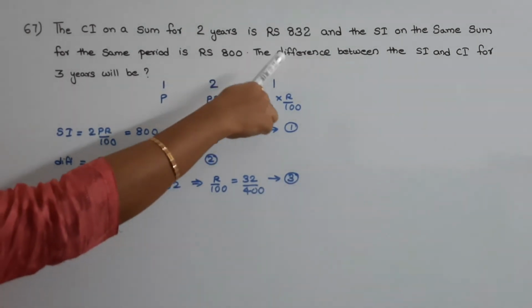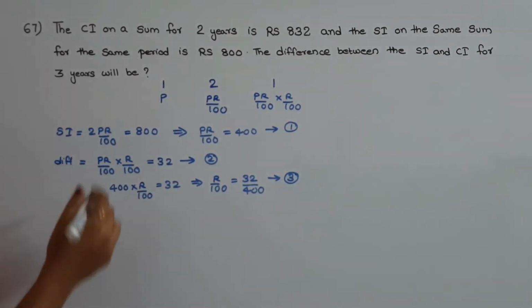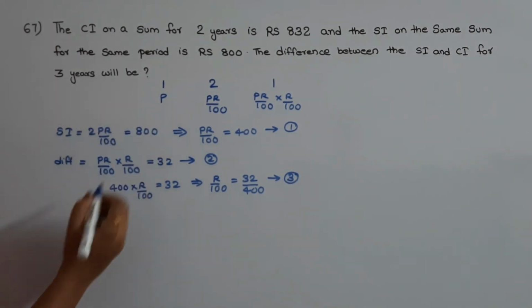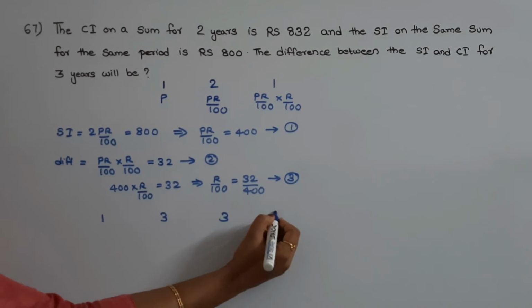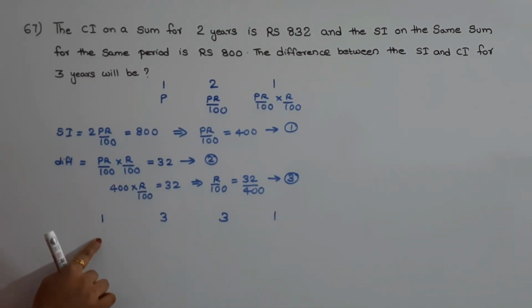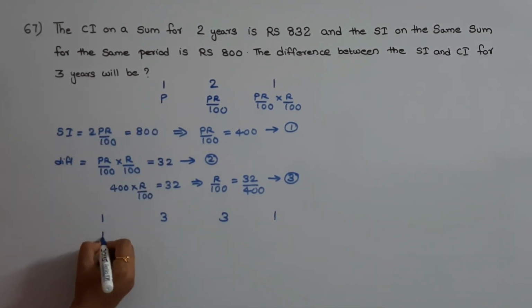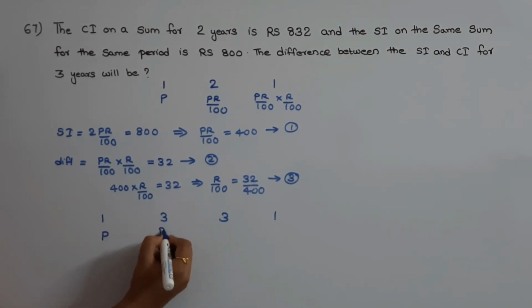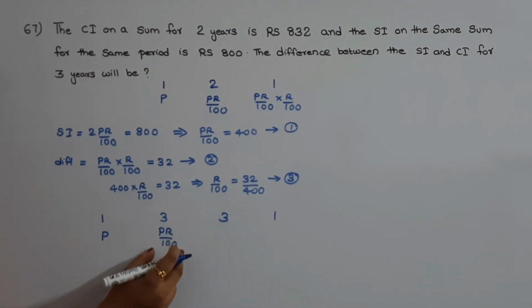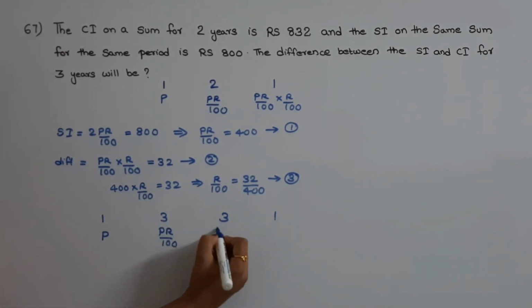We need to find out the difference between the simple interest and compound interest for 3 years. So when the time period is 3 years, we need to write 1, 3, 3, 1. So below this one we need to write down the principal, that is P. So below this 3 we need to write this P into R by 100, that is PR by 100. So below this 3 we need to write this PR by 100 into R by 100.